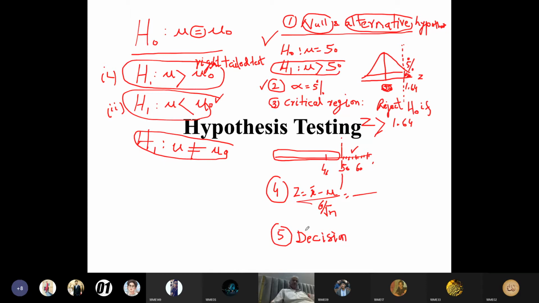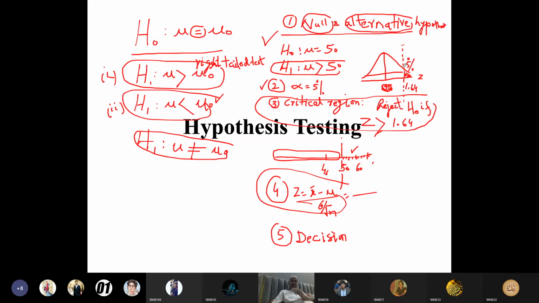So what we do, within the fourth step, we define a rule. The rule is defined in the critical region on the basis of 5%, 10%, 1%, whatever is given to you in the question in terms of alpha. And the decision line is made on the basis of the alternative hypothesis.